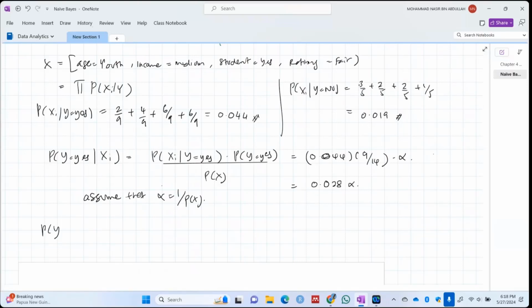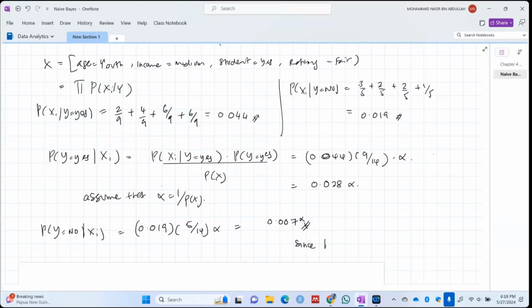And probability of y equal to no given xi is 0.019 multiplied with 5 over 14 alpha, so this one should be 0.007 alpha. Right. So which one is larger?